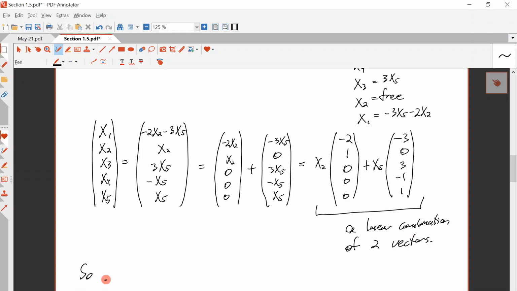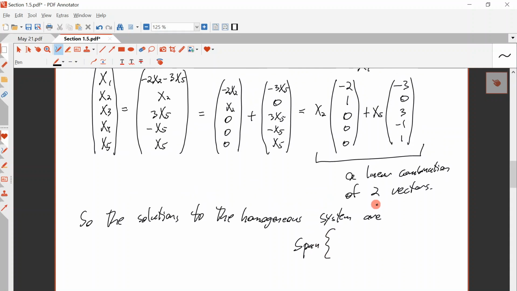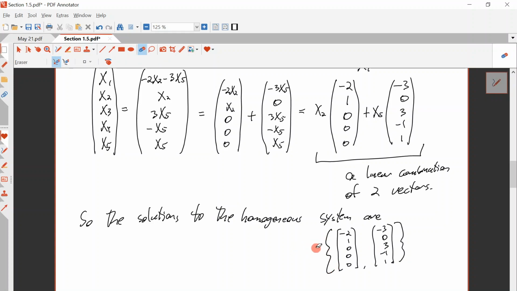So the solutions to the homogeneous system are the span of those two vectors, minus 2, 1, 0, 0, 0, and minus 3, 0, 3, minus 1, 1. So there it is.